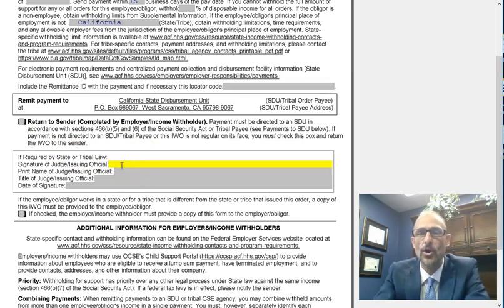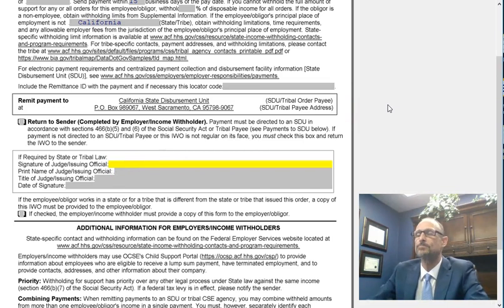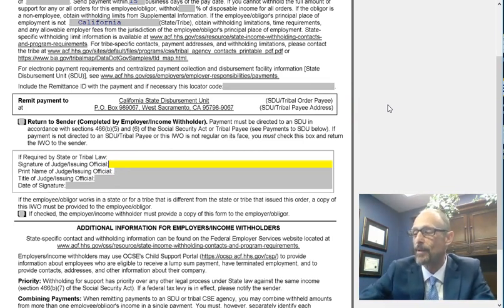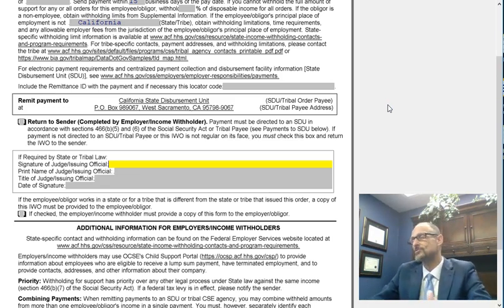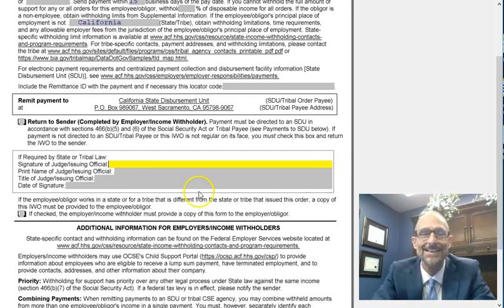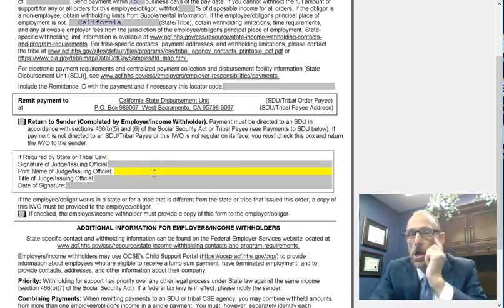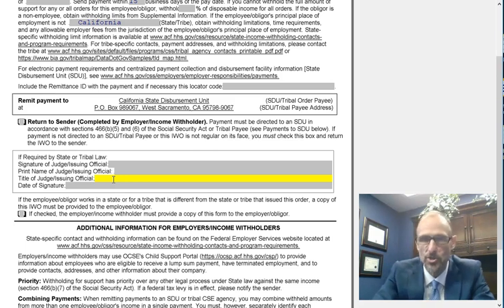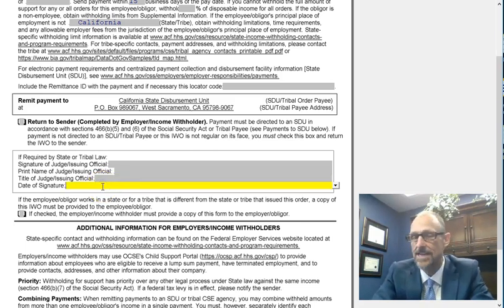All right, then what you're going to do is fill it out to this point, then send it to the court where you filed all your paperwork. Typically the judge's clerk is going to review this order, make sure it's correct. Then the judge is going to sign it, and the judge's name is going to be put in there. Title, it's either a judge, commissioner, whatever it is, and then it's going to be signed by the judge and sent back to you.